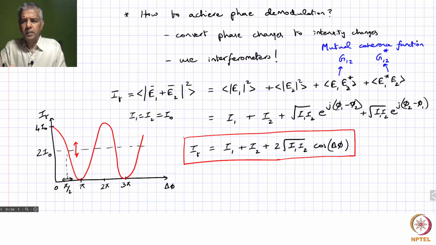But if you want to look at the degree of coherence, on a scale of 0 to 1, 0 being incoherent and 1 being absolutely coherent, you want to characterize the coherence of the source.